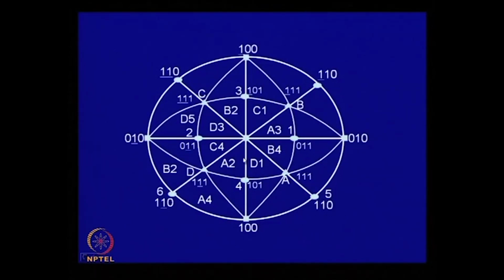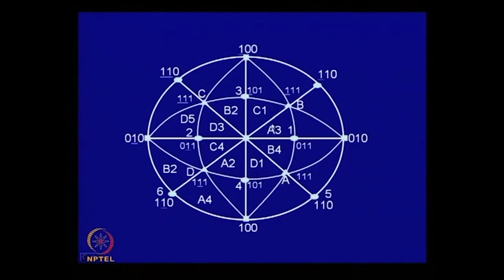This can be done without going through the detailed calculation, but it will be a good exercise for you to pick an orientation in this triangle and find out which is the operating slip system.